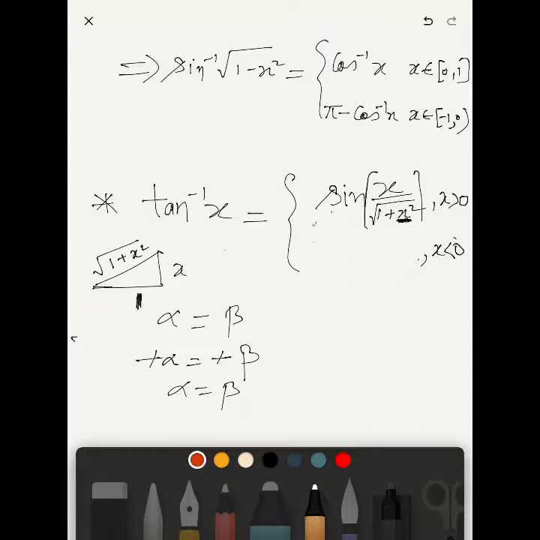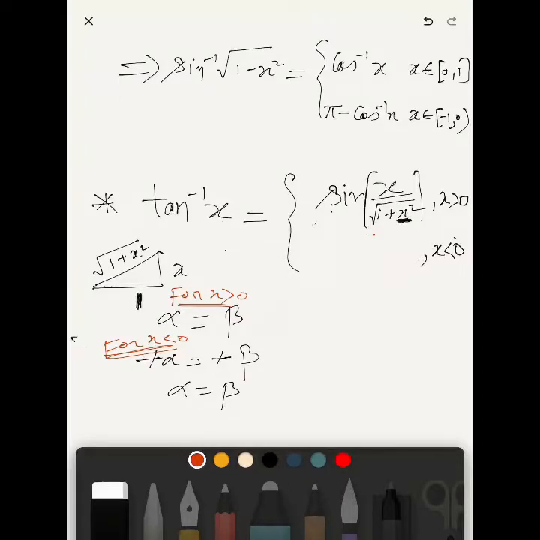This is for x greater than 0 and this is for x less than 0. For x greater than 0 you are getting this, and for x less than 0 also you are getting alpha equals beta. So for both you are getting the same answer, isn't it? So you can directly write here. I hope you understood, right?